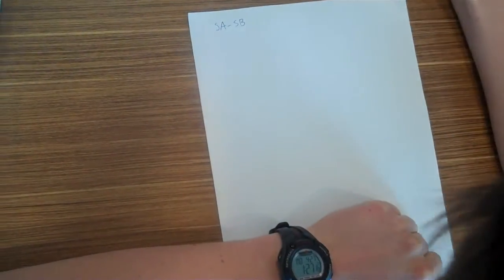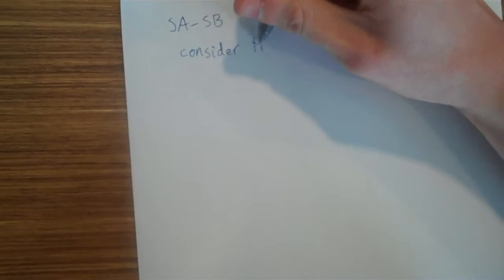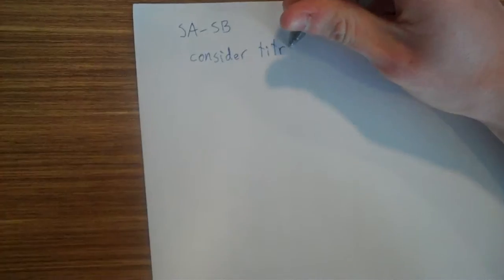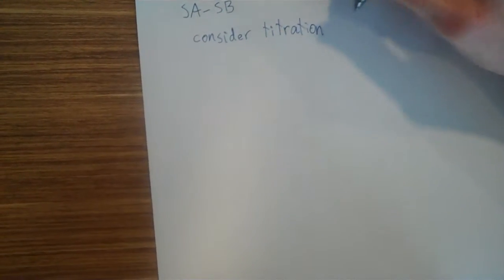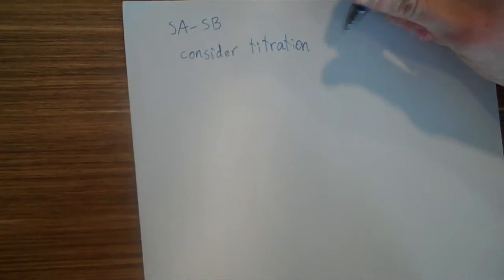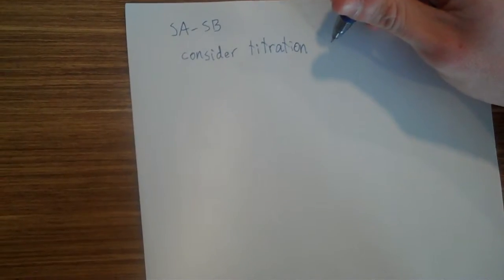Alright, so the first example that we're going to be working is one of a strong acid, strong base titration. So let's consider the titration of 15 milliliters of 0.2 molar hydrochloric acid with 0.2 molar sodium hydroxide.